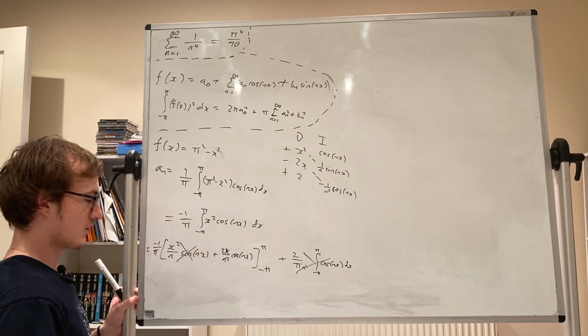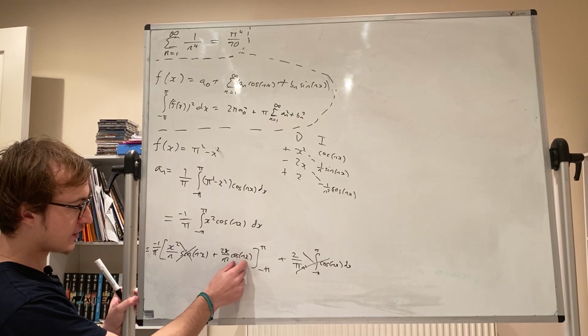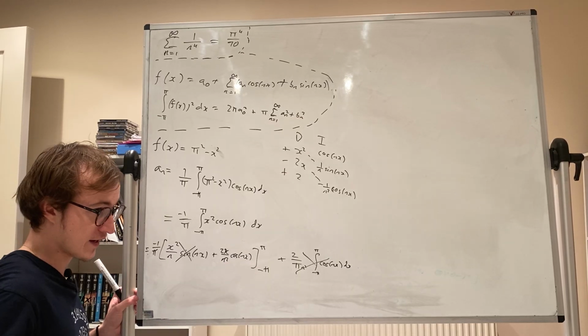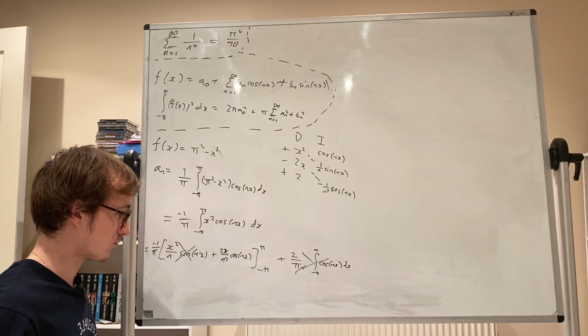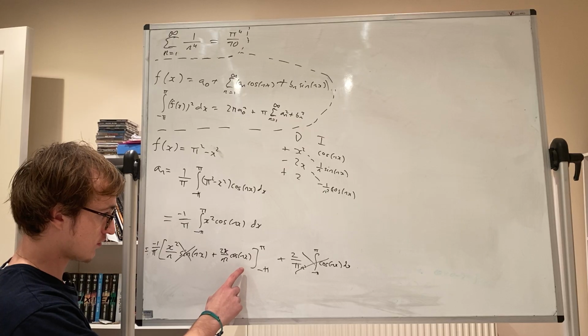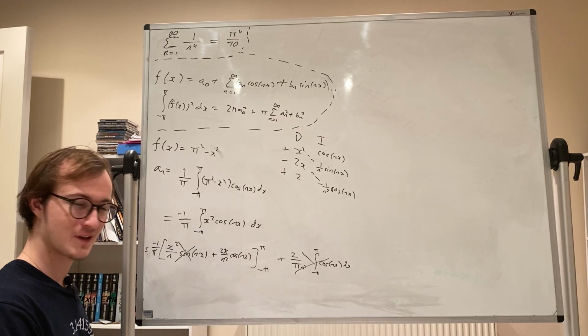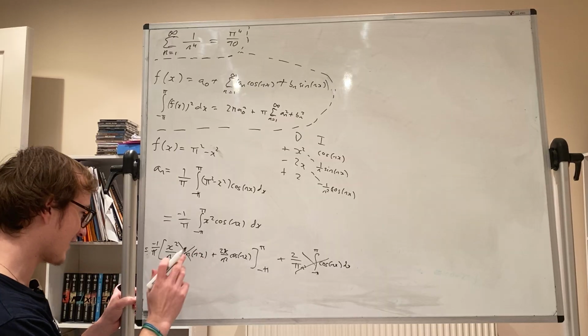So, what do we have? We have cosine of n pi minus. Hold on. I'm getting confused with the signs. So I need to, okay, I need to write this out actually.